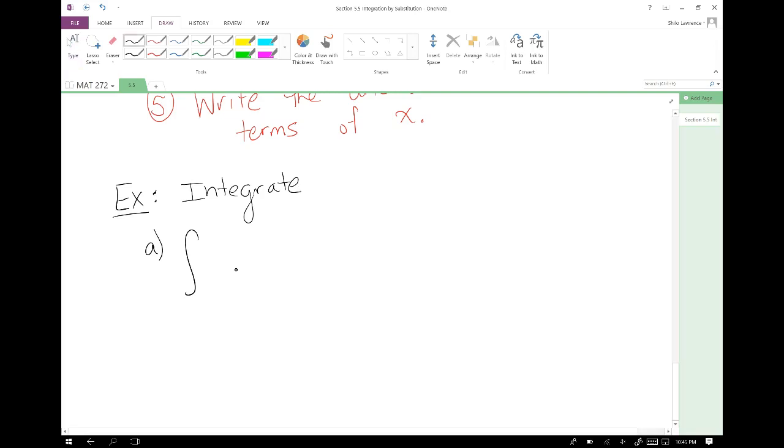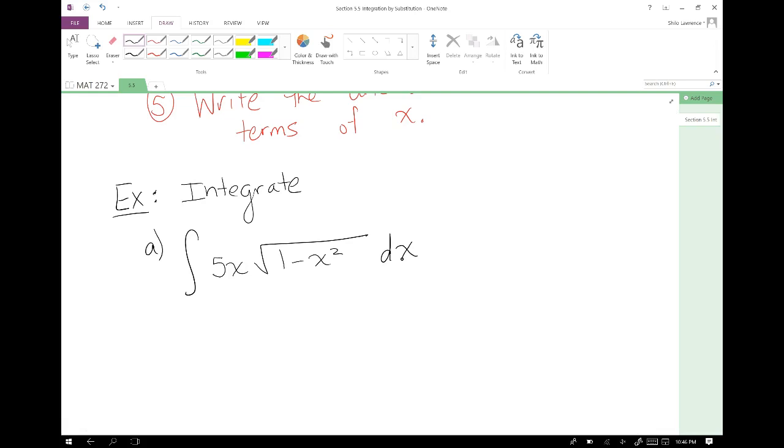It's going to be 5x times the square root of 1 minus x squared dx.